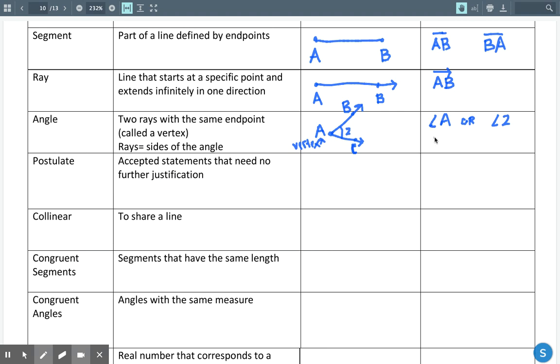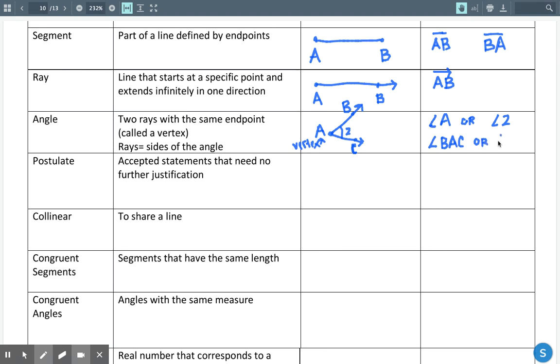Or we could call this angle BAC. And the reason I'm going B to A to C is, what direction would you take your pencil to draw this angle? You would go from B to A to C to trace that angle. Or you could take your pencil and trace C to A to B, and that would also be correct.